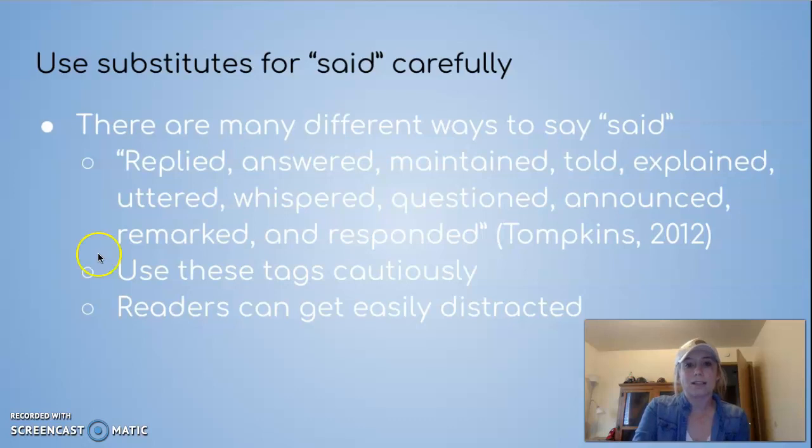So said is a perfectly fine word, and if you are using distinctive speech patterns for your characters, you don't need to use the word said all that much. So definitely use these substitutes carefully and relay that to your students: just because there are this many different ways to say this person said this doesn't mean you need to use all of them, especially in one piece of writing.